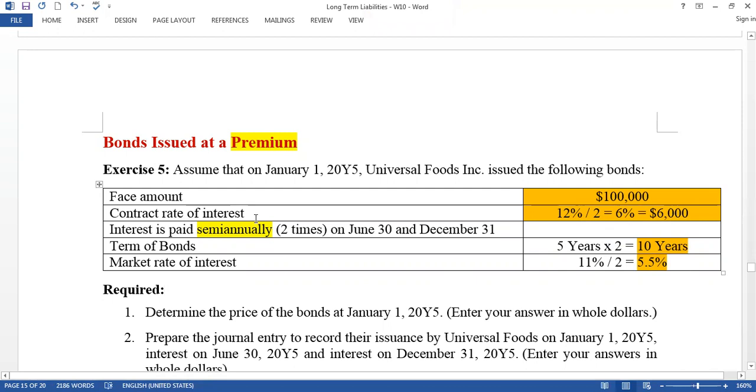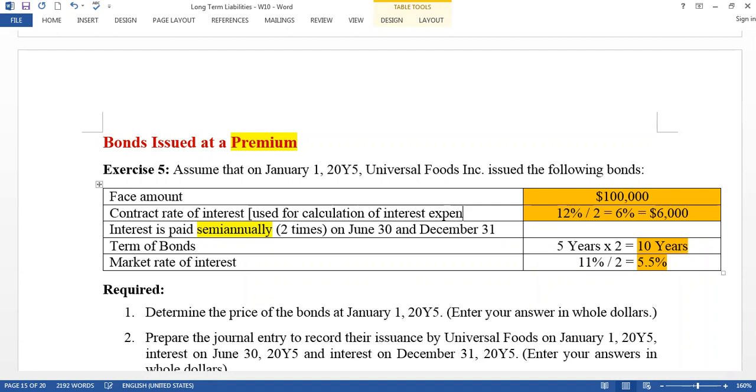Now we should know, we already showed you that the contract rate is used for calculation of interest. So we use the contractual rate to calculate the interest expense.